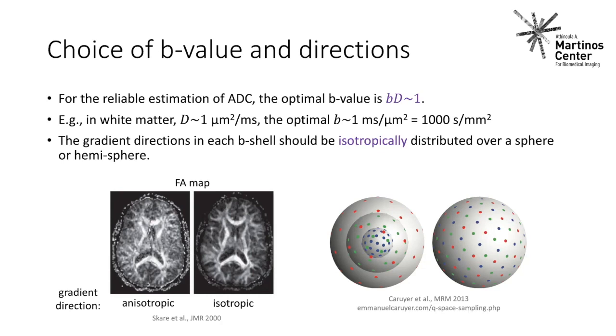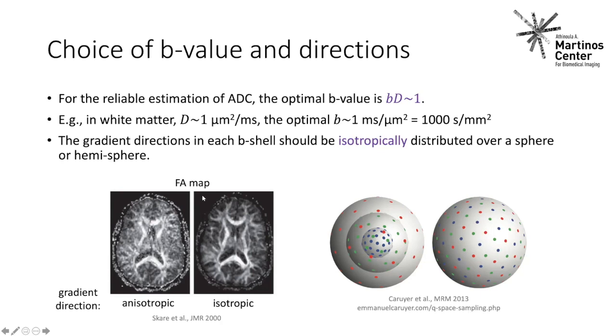And if we change the units a little bit, it's 1,000 seconds per millimeter squared. That's why most clinical sequences in the human brain use a b-value of about 1,000 seconds per millimeter squared. And the gradient directions in each b shell should be isotropically distributed over a sphere or a hemisphere.